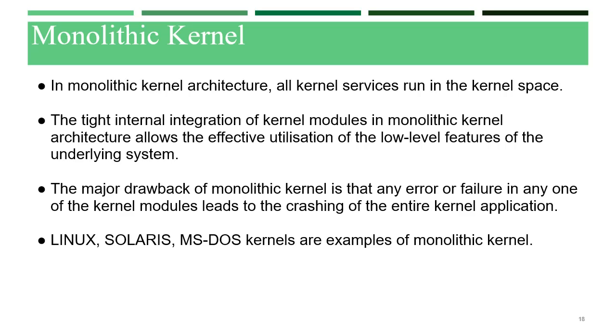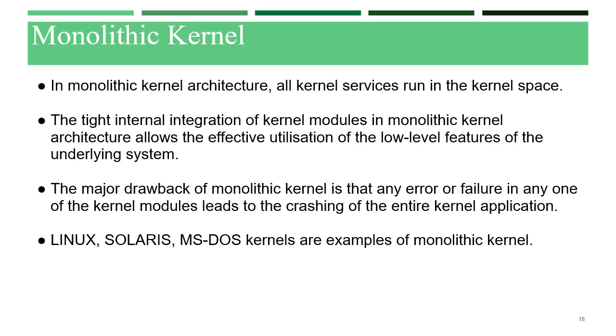Monolithic kernel. In monolithic kernel architecture, all kernel services run in the kernel space. Here, all kernel modules run within the same memory space under a single kernel thread. The tight internal integration of kernel modules in monolithic kernel architecture allows the effective utilization of the low level features of the underlying system.